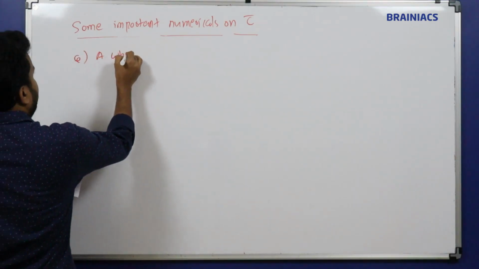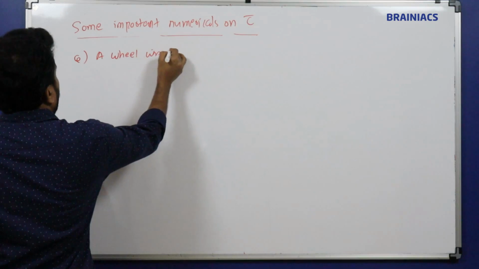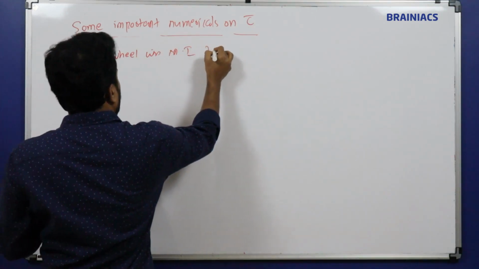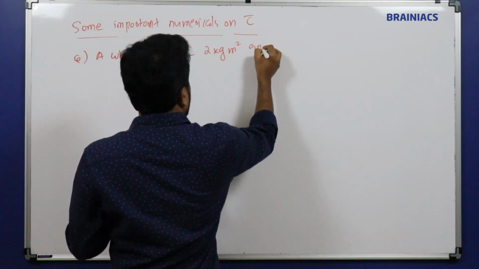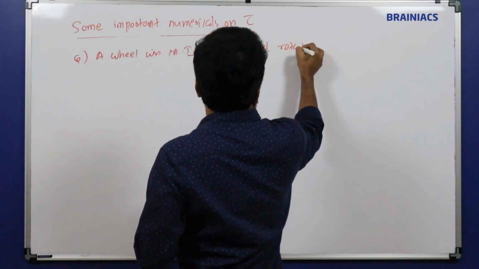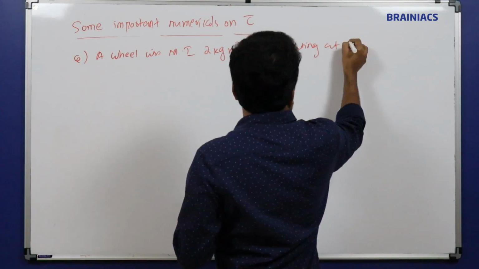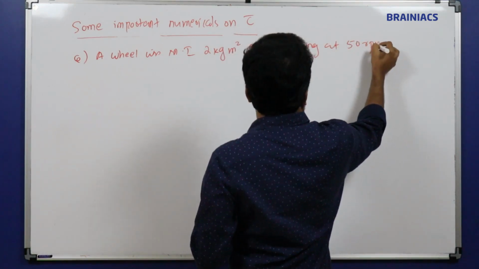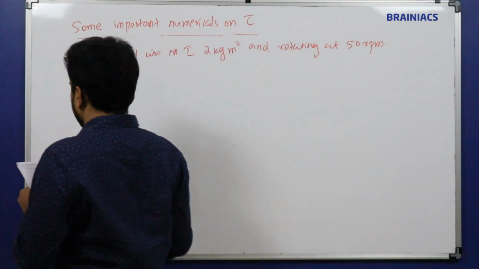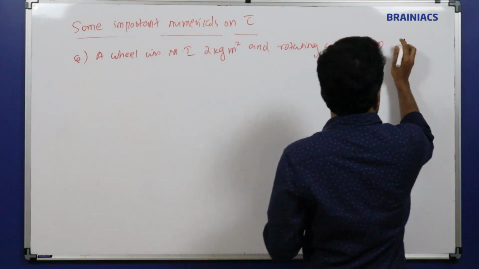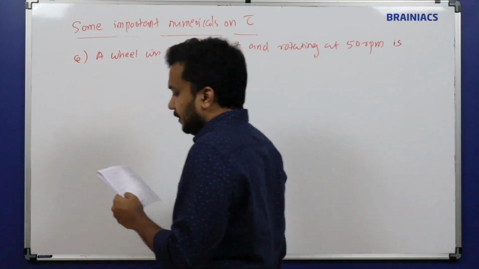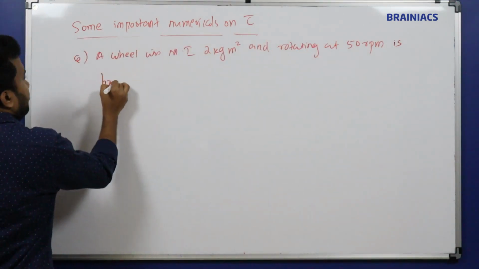A wheel with moment of inertia 2 kilogram meter square and rotating at 50 rpm. Rpm means revolutions per minute. The wheel rotating at 50 rpm is brought into rest.